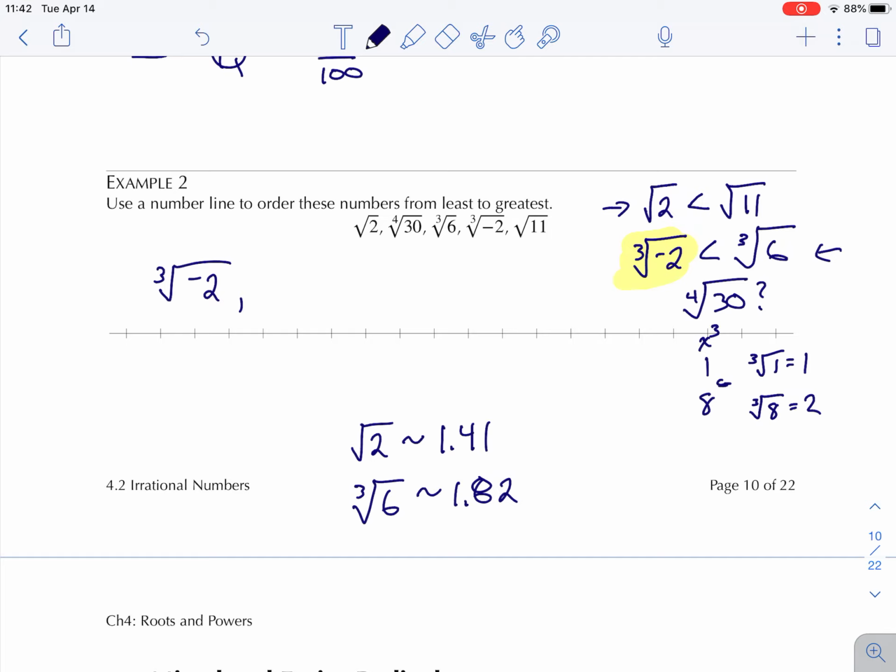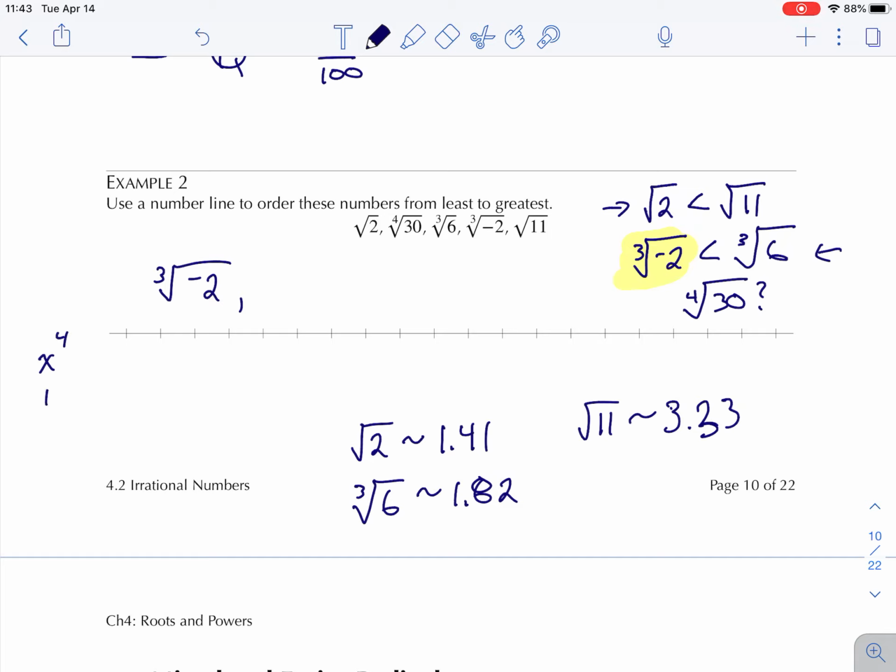Right, now the square root of 11 and the fourth root of 30. Well, the square root of 11 is going to have to be bigger than 3 because 3 squared is 9, but less than 4. I'm going to estimate it to be 3.2. Let's just check that on our calculator. It's actually 3.32. So the square root of 11 is definitely much bigger. And the fourth root of 30, an approximation.